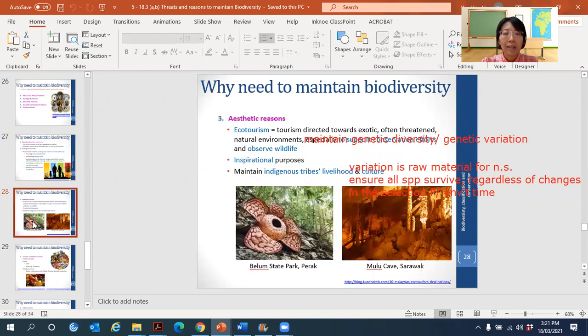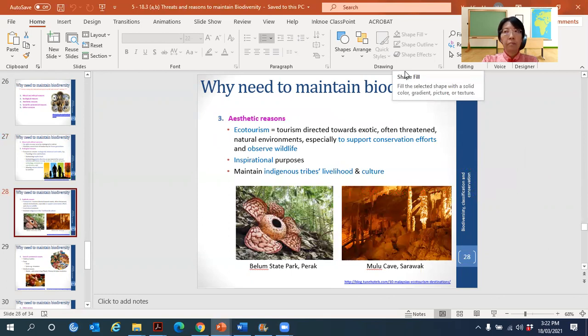Then the third thing you can talk about is the aesthetic reason. Aesthetic means when you look at something, it looks beautiful. And when it looks beautiful, you feel good about it. So one of the ways for you to de-stress is maybe you go around the lakeside early in the morning or in the evening and sit there and let the wind blow, look at the ducks, look at the sea, look at the lake, the water movement, and the sunset.